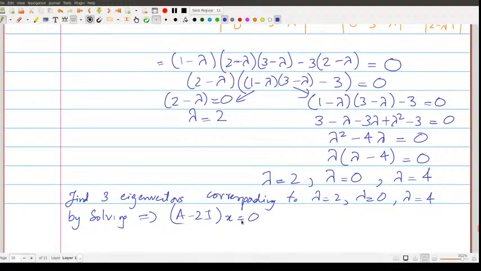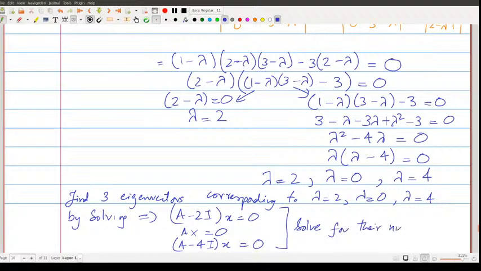So you need to find the null space of this. For lambda equals to 0, it's just Ax equals to 0 that you have to solve, and A minus 4I times x is equal to 0. So you have to solve these three. Solve for their null space. And that's it.